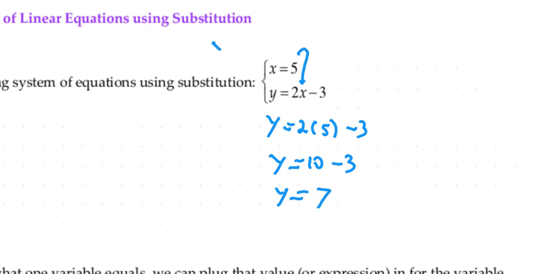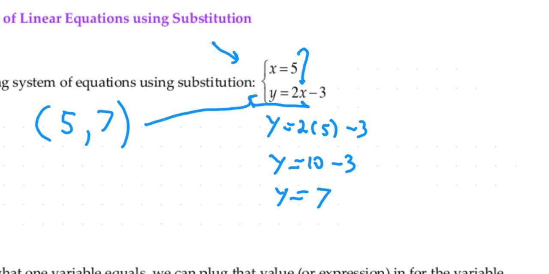When we solve a system of equations, we need an ordered pair. So the value of x is 5, and the value of y is 7. You could always check your work by putting in 7 for y and 5 for x to see if it works. This wasn't bad. I didn't really have to do anything with this first equation.